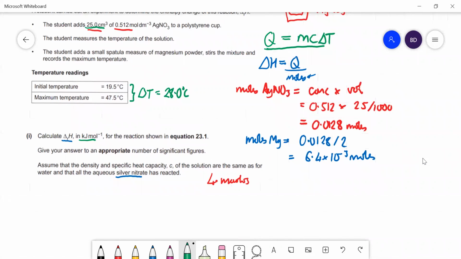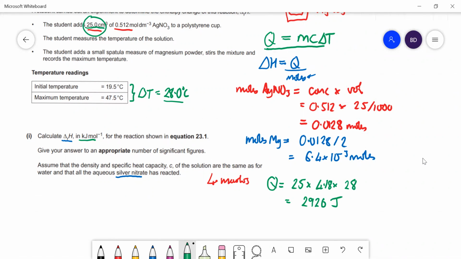Okay, so Q: the mass of solution is 25 grams because it's 25 centimeters cubed, multiplied by 4.18, specific heat capacity of water, multiplied by 28 degrees C temperature rise. That gives us a value of 2,926 joules.